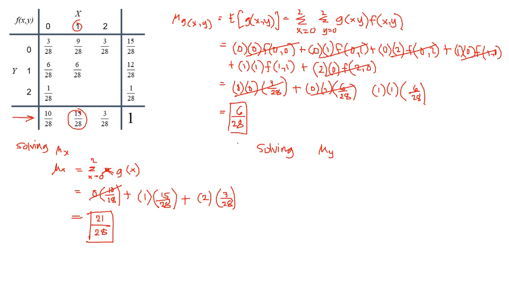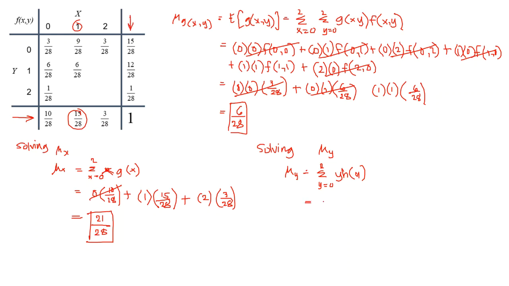So the same formula, we have the mean for y is equivalent to the summation from y equals 0 to 2 of y times h of y. Since we are looking for y, we will be using this data here.